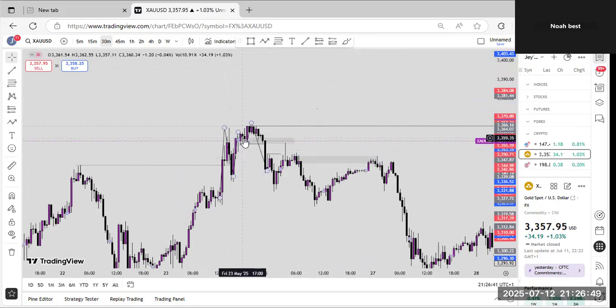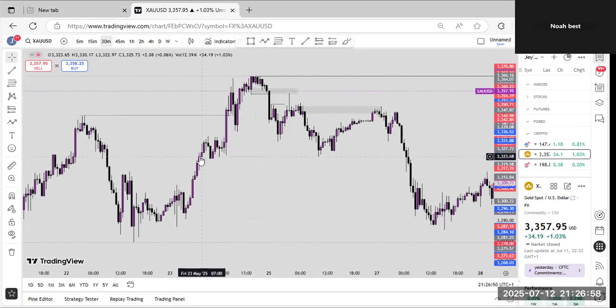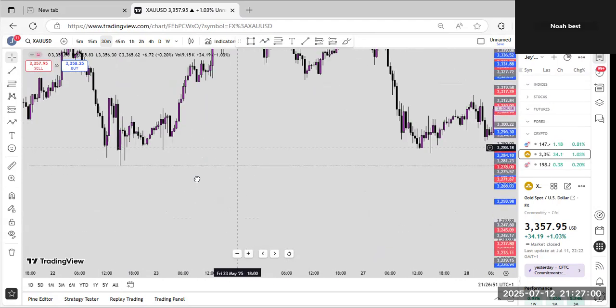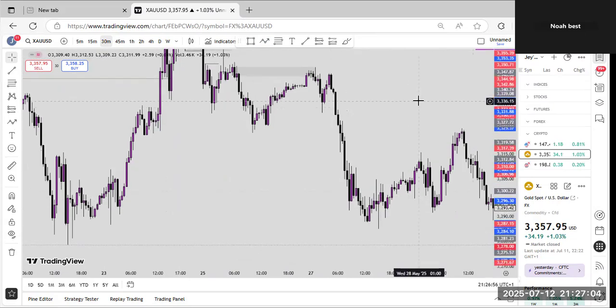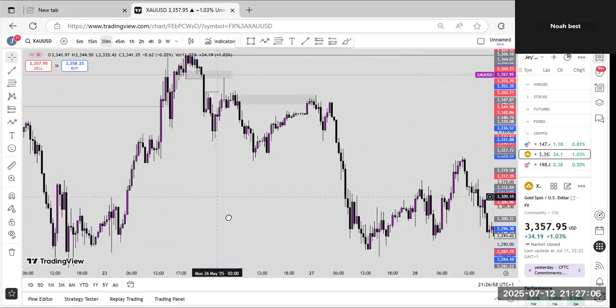This bearish move is not going to be for a long time. The reason is because price is still bullish. This is just a small sell we are going to experience in the market before price will now reverse to the upside or to the place it was going to before.